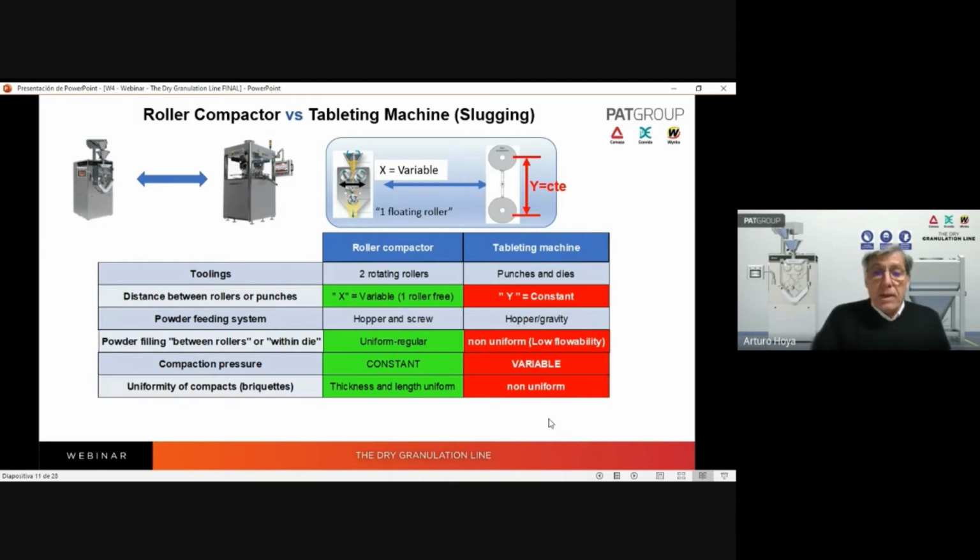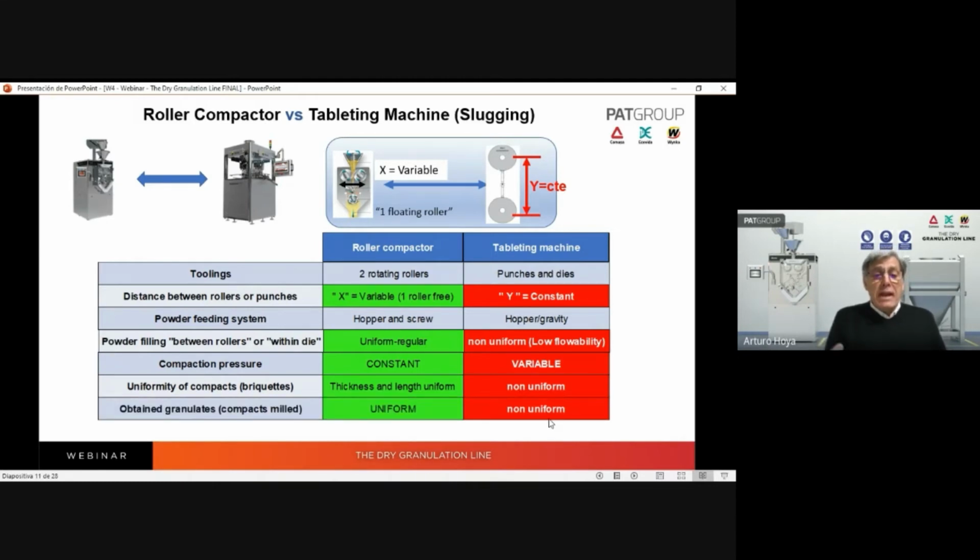This is very important because the granules we will obtain from the grinding and milling will be uniform with the roller compactor and non-uniform with the tablet machine.